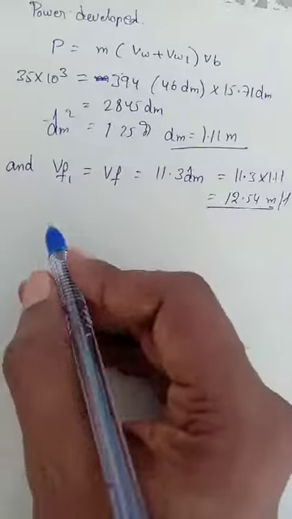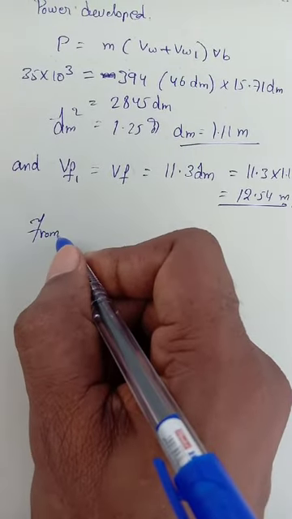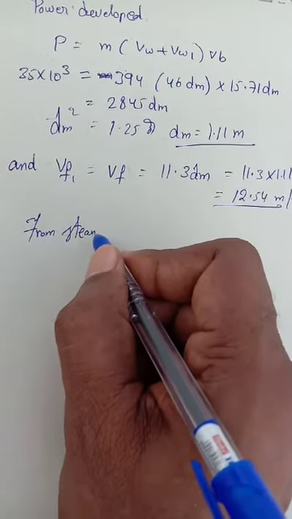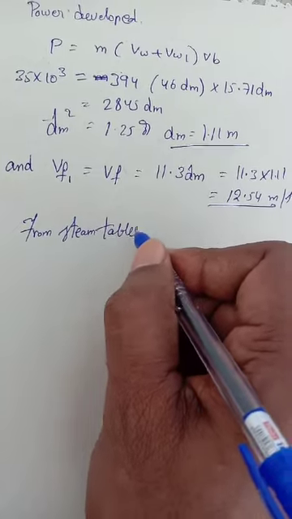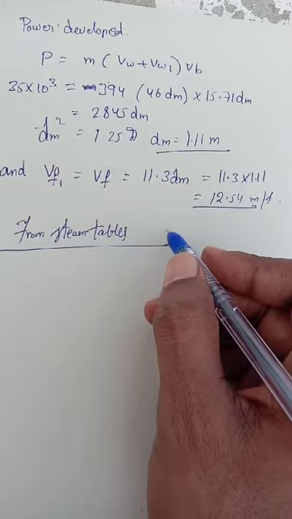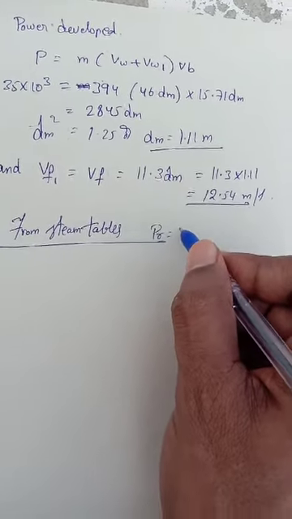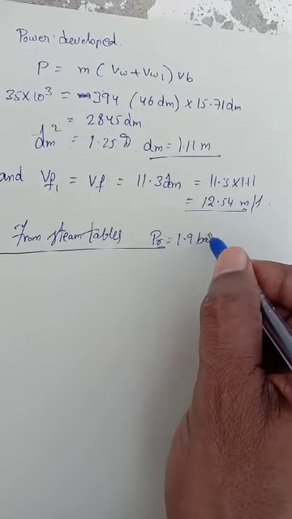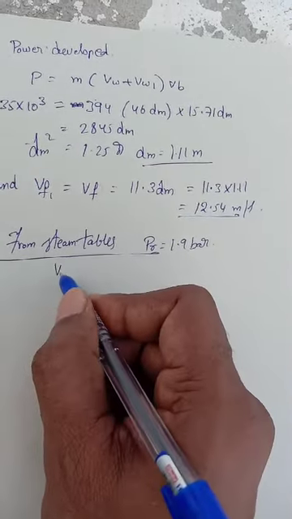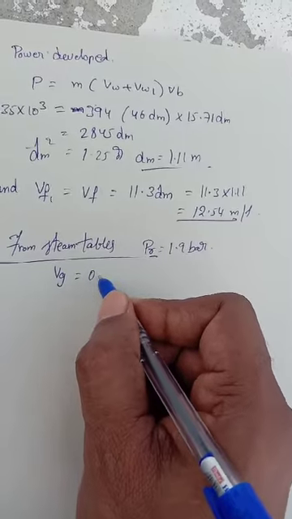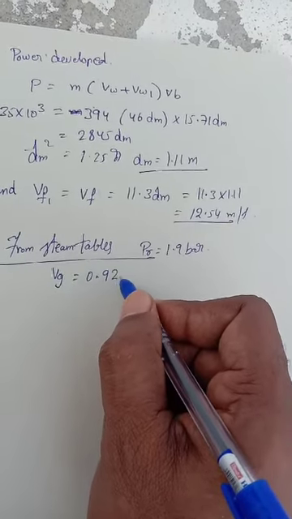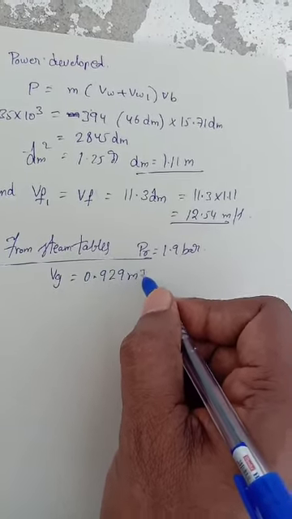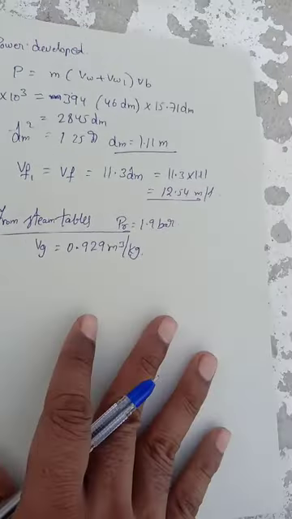Then we go for steam tables. From steam tables, with pressure 1.9 bar, the specific volume is taken as 0.929 meter cube per kg.